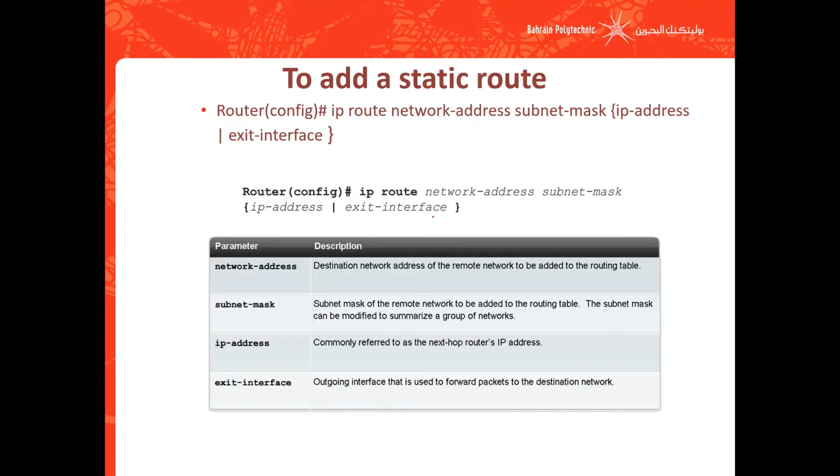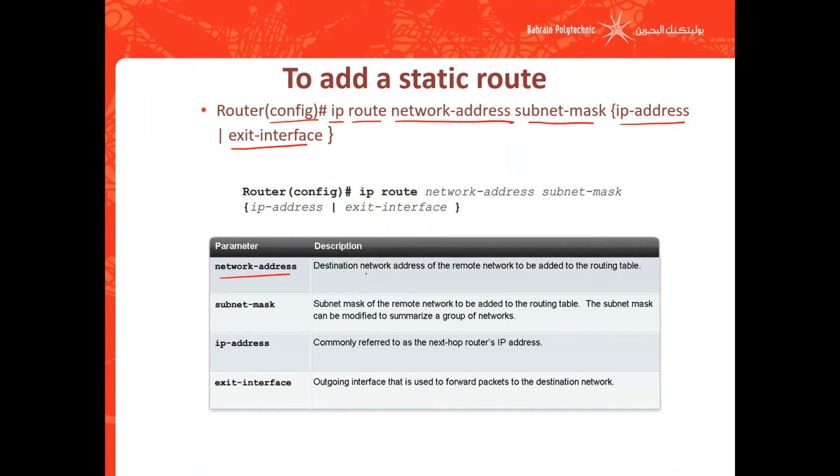Okay, this is a static route. On the router, you will go to the global configuration mode and you will type ip route, the network address that you're trying to route to, along with its subnet mask and the IP address or the exit interface. Now, what are each of these?